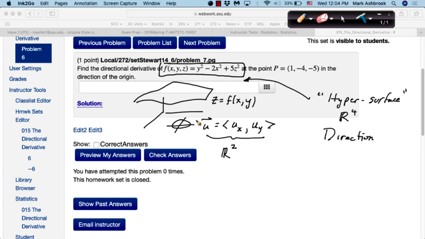It's a vector in R2. It's a vector in the xy plane. That determines direction. And then we use the directional derivative to say what the rate of change is on the surface, right? So if we step it up 1 dimension, then we've got a surface in R4, and our direction is in R3.